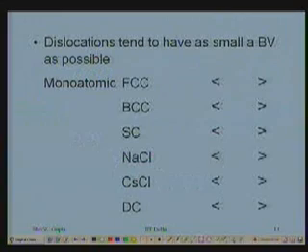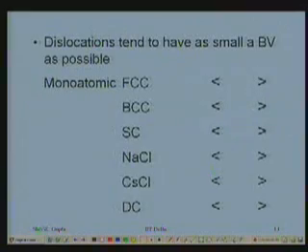Shear modulus is a characteristic of the material, and I told you it is a structure insensitive property. We shall see what decides its shear modulus or the elastic modulus. But the Burgers vector, mu b square by 2, if you can minimize b square, that should be the minimum energy of a dislocation line. That will be a more stable dislocation in the crystal.